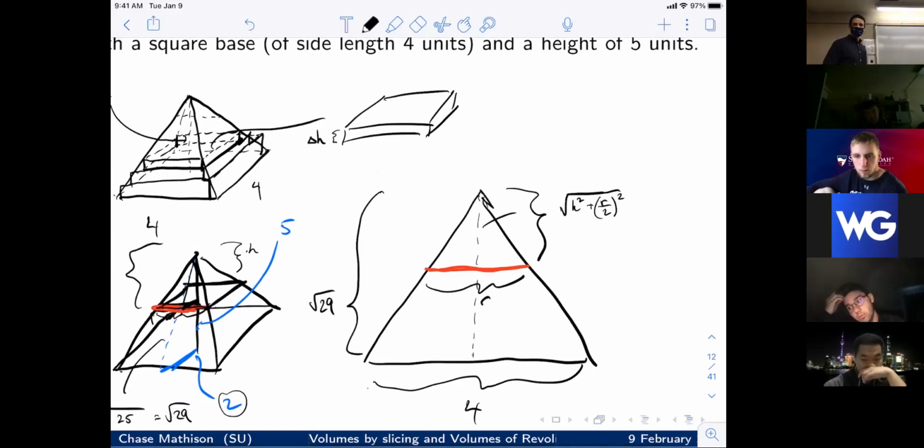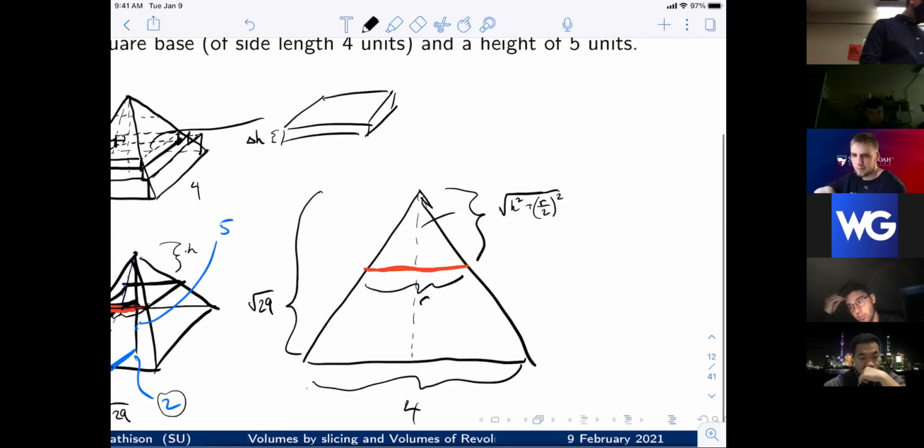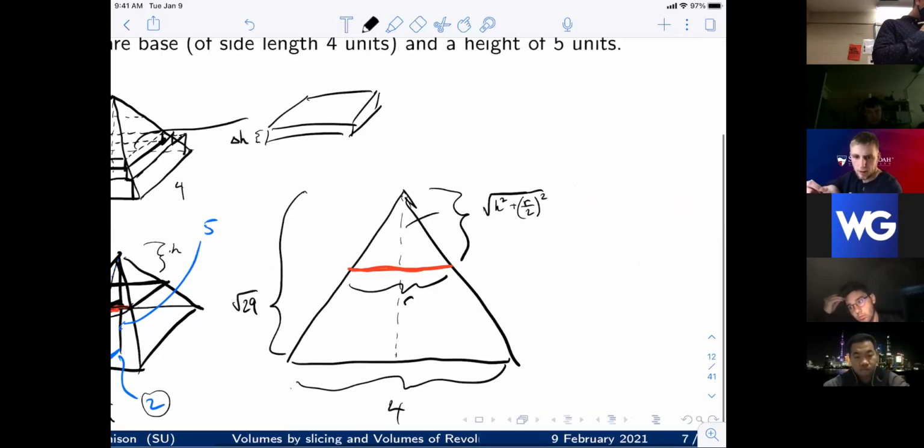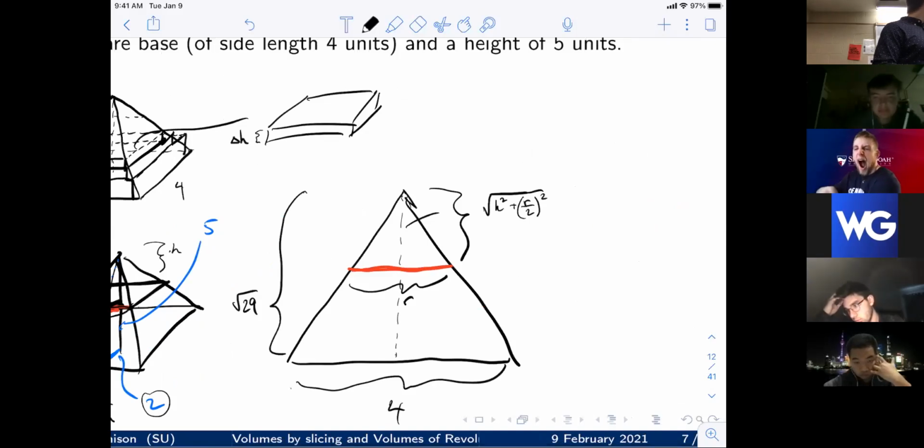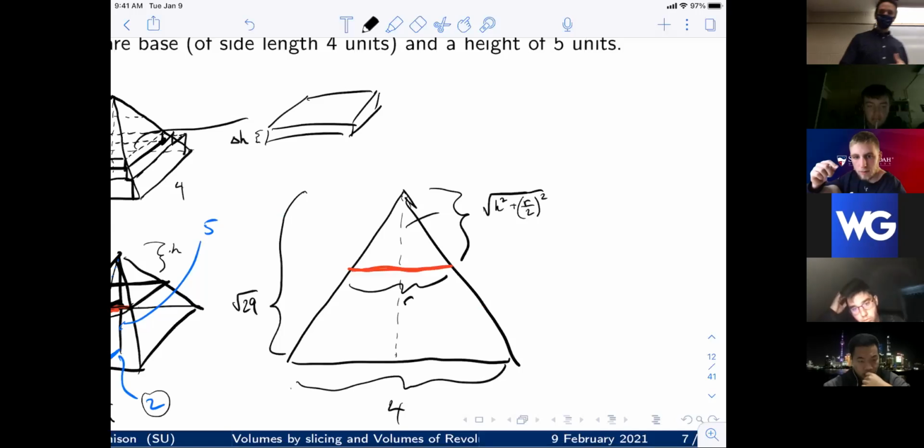Okay. So, question. Okay, so we want to get that length in terms of h. We want that red line in terms of h. Well, that means that I can just solve the equation that I get using similar triangles, and solve that r in terms of h.